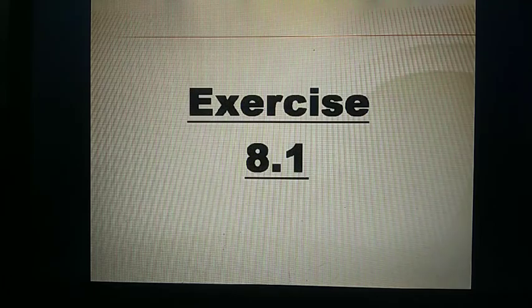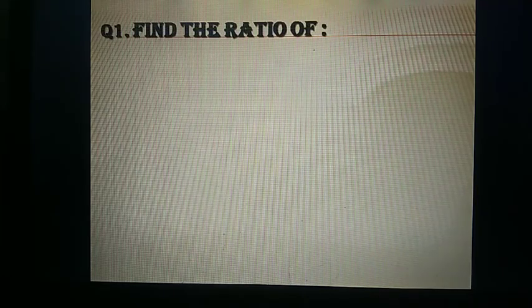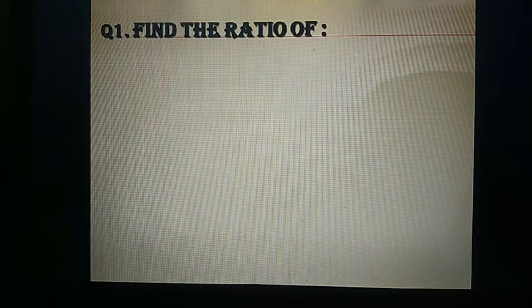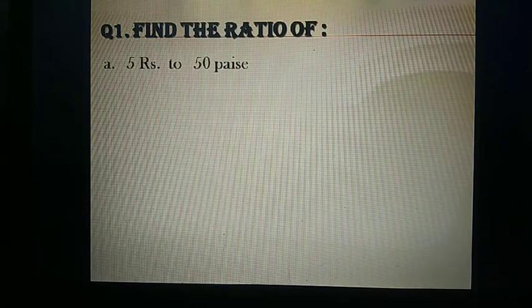Moving to exercise 8.1. Question number 1. Find the ratio of. Find the ratio of means we have to compare the two quantities by division. We will write the answer in simplest form using colon sign, that is the sign of ratio. Here the two quantities given to you are of different unit.